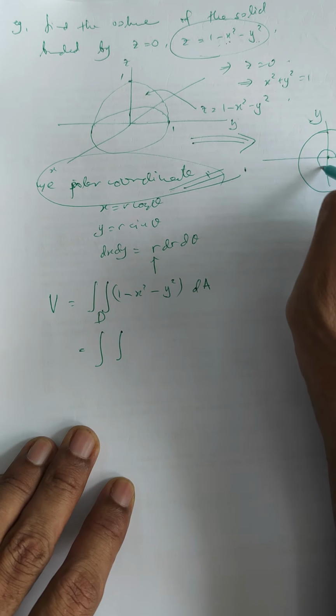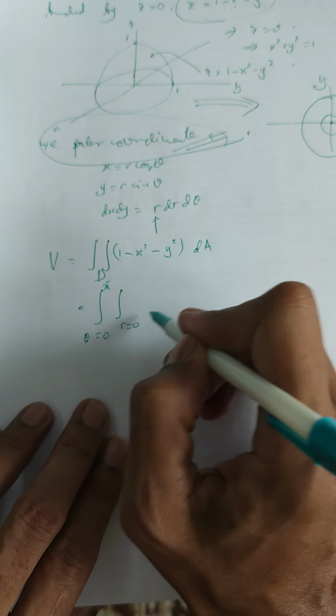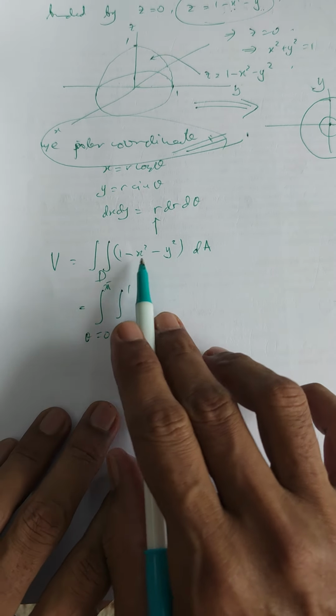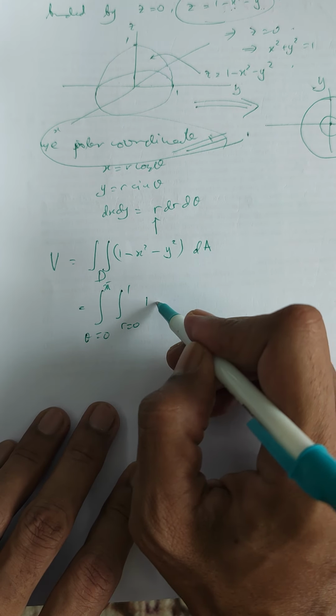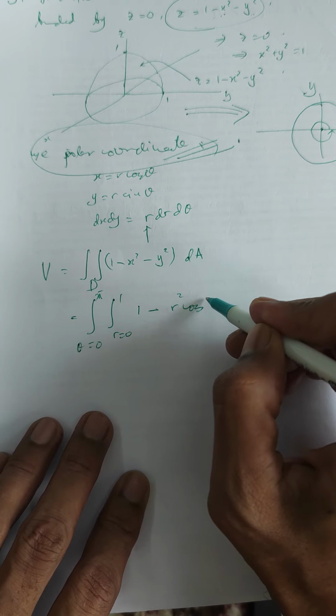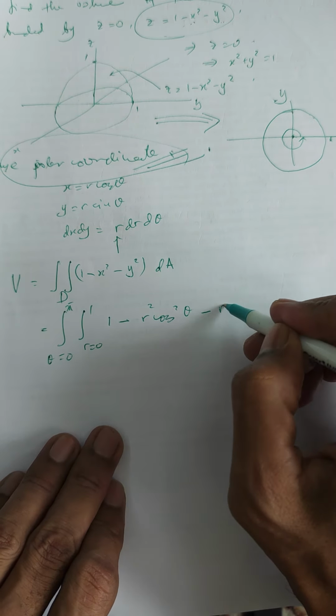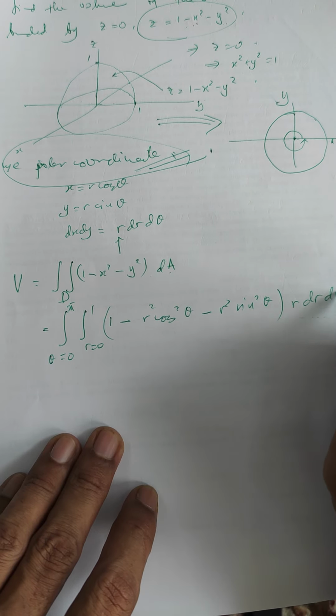So theta from 0 to 2 pi, r from 0 to 1, and then just substitute: 1 minus r squared cos squared theta minus r squared sine squared theta, and dA is r dr d theta.